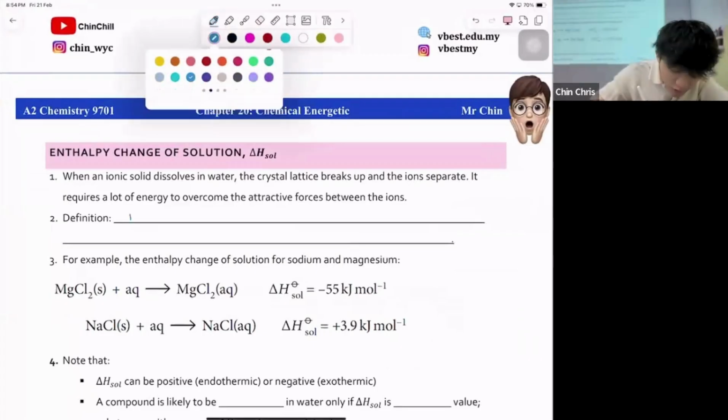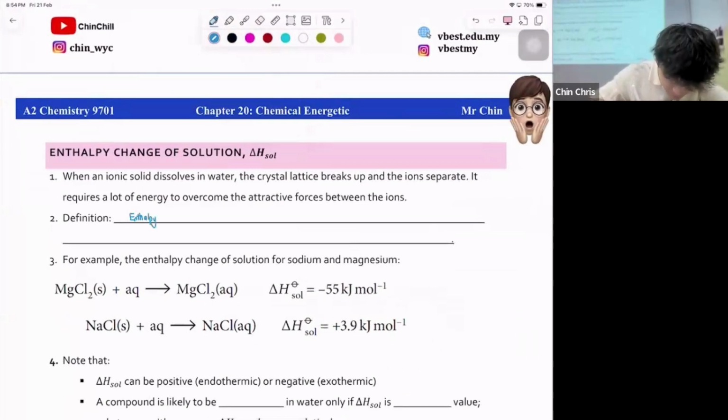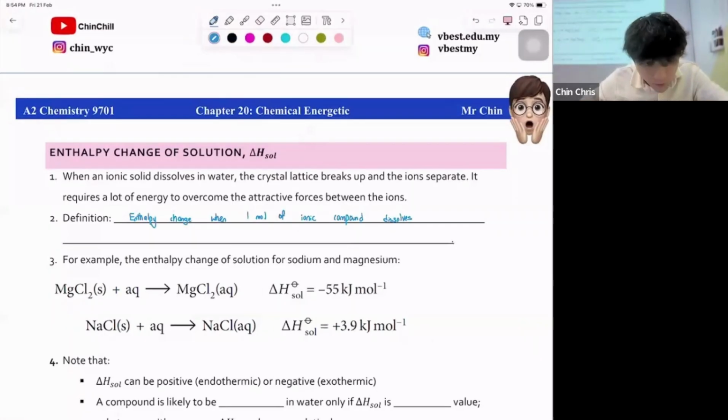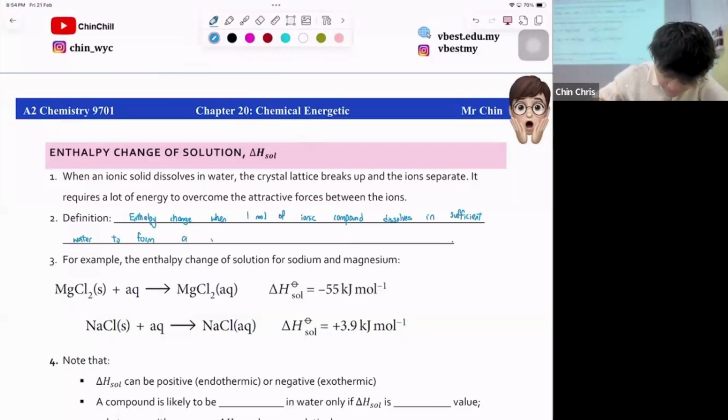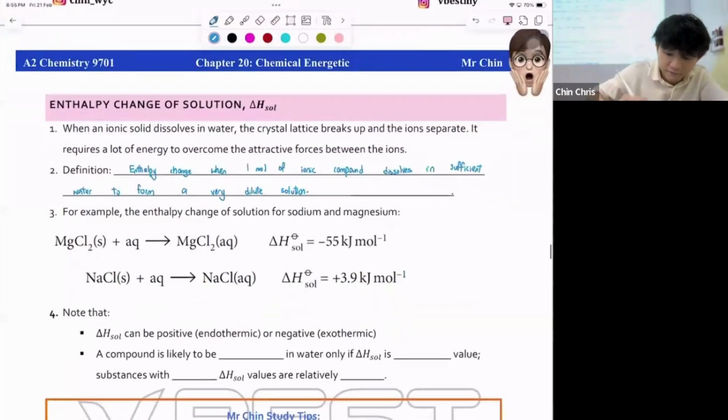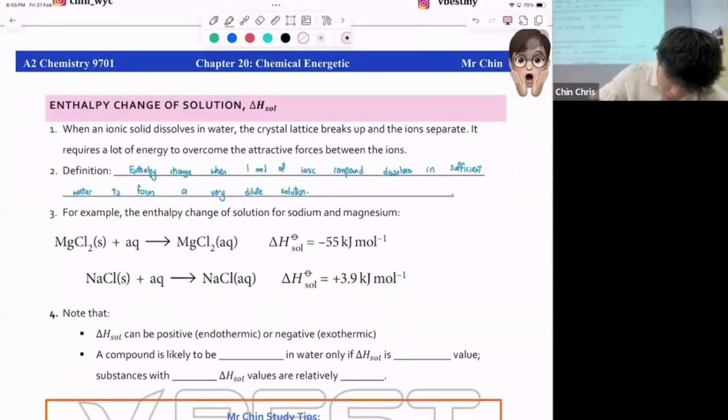We call it the enthalpy change when 1 mole of ionic compound dissolves in sufficient water to form a very dilute solution. Keyword: form a very dilute solution.